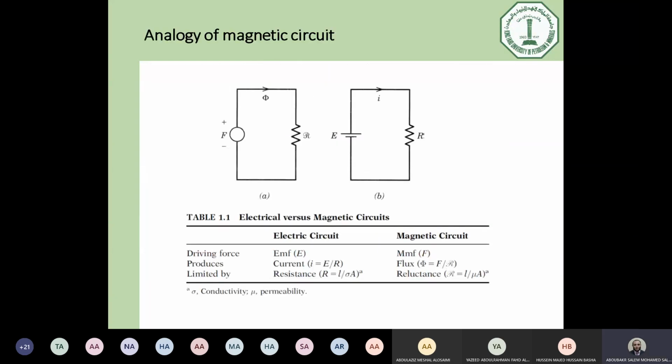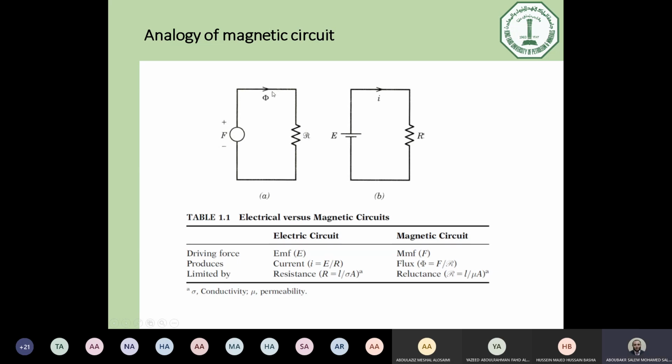So if now we would like to make a comparison between an electrical circuit and a magnetic circuit, simply we can say that the flux which is set up in the magnetic core is equivalent to the current which is moving on the wires.